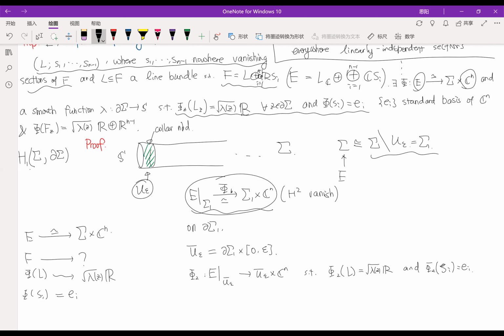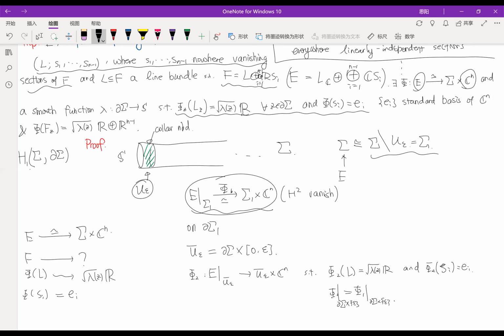Then we glue them together, and phi 2 is equal to phi 1 when restricted to D sigma cross the number epsilon.